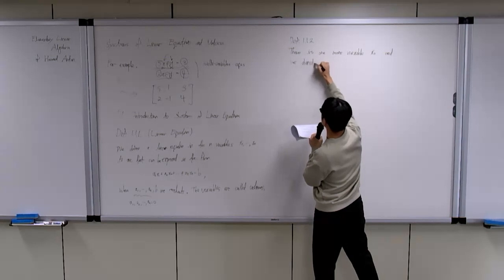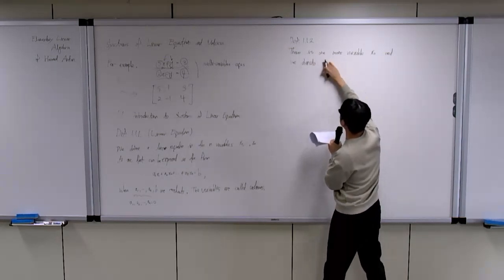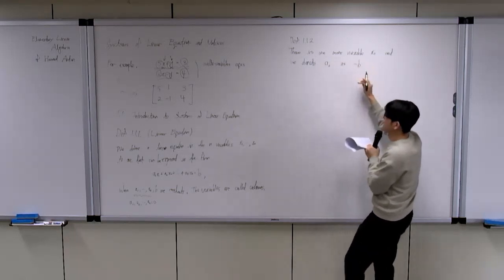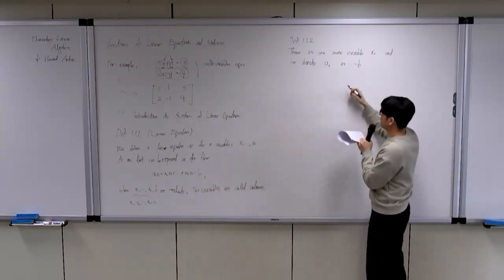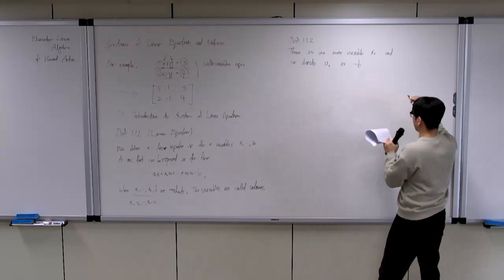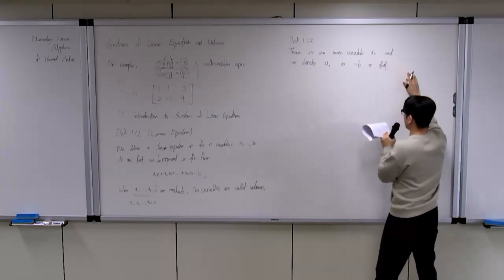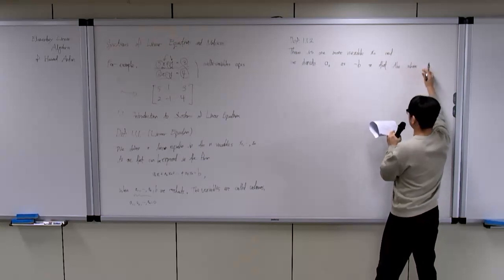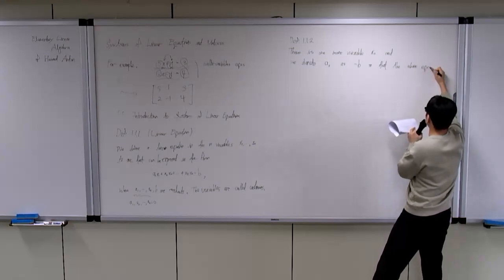We will denote a0 as minus b. Then this equation will be changed to the following form.